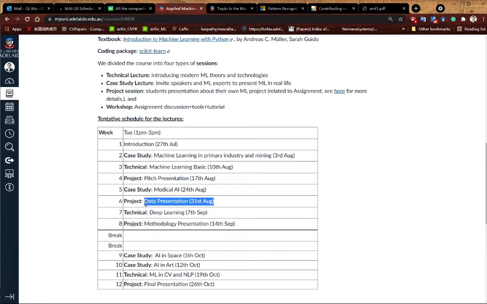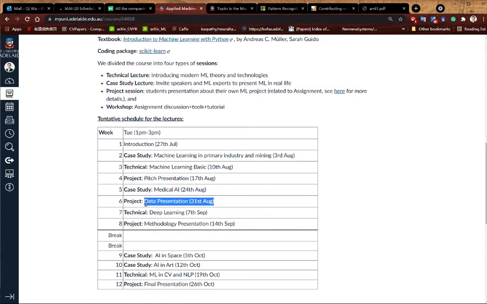You can continue. Then you need to find out what kind of data you can use. There are lots of publicly available data sets online. You can download from those websites, and you can also find your data by yourself, for example, by getting some data from web pages.